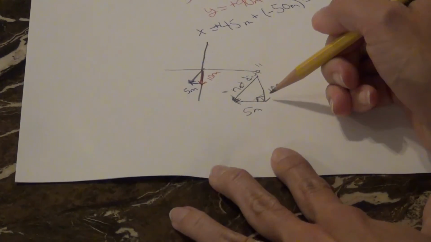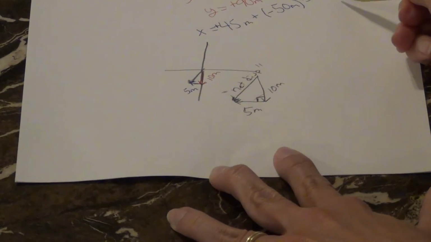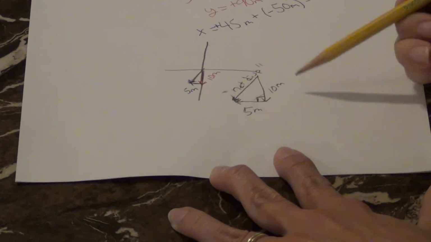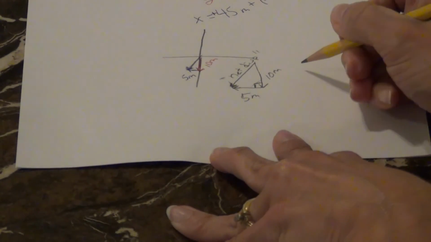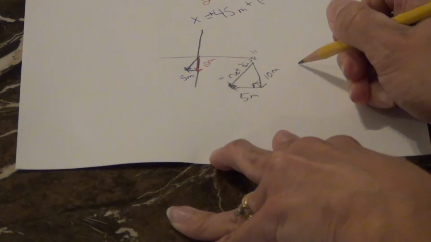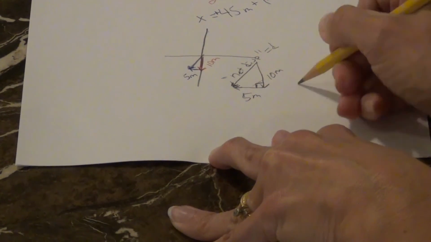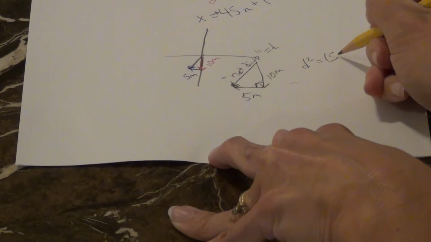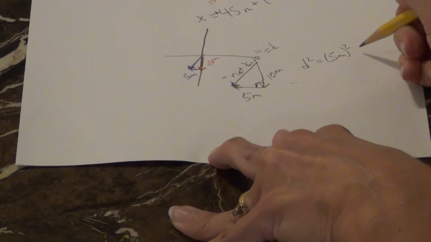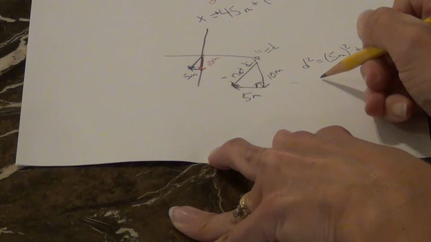Same thing, right? It's not like suddenly the negative 5 meters and the negative 10 meters disappear when we redraw it. And even if they didn't, when we square them for the Pythagorean theorem, they would disappear because they're squared. So if I want to find D, the hypotenuse, D squared equals 5 meters squared plus 10 meters squared.